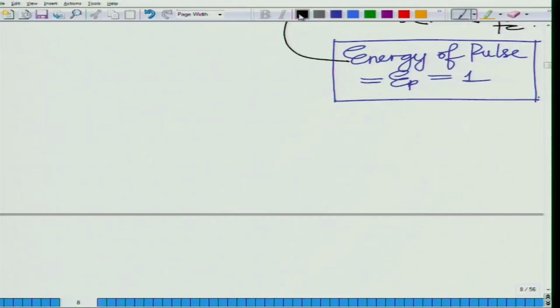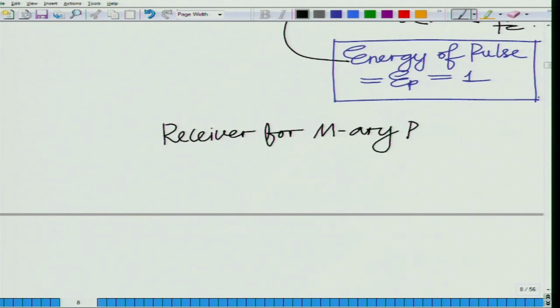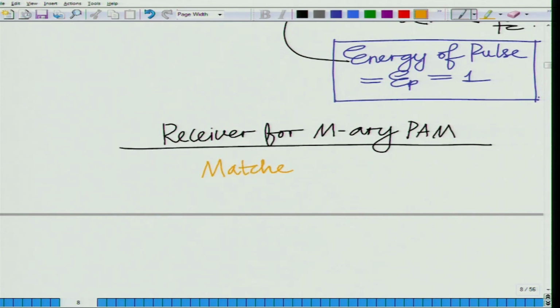So, the receiver operation for M-ary PAM: we are again going to use the matched filter h(t) matched to p(t). The matched filter maximizes SNR, because if you go back and look at the derivation of the matched filter, we did not assume any particular modulation, we only assumed a pulse shape and a symbol A_0. A_0 need not belong to any particular modulation.